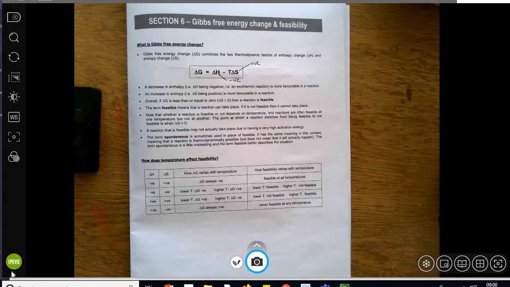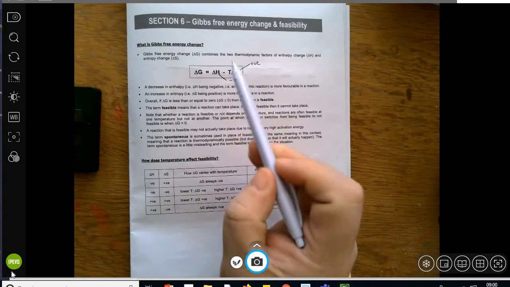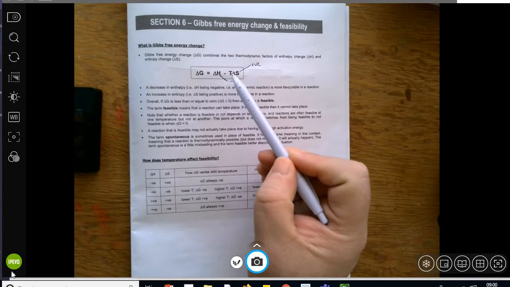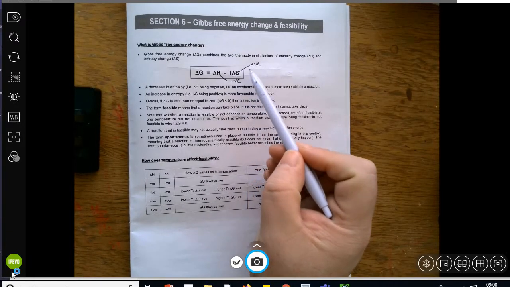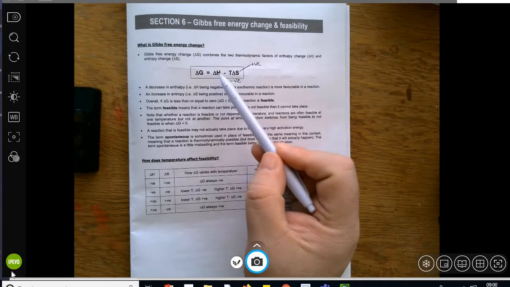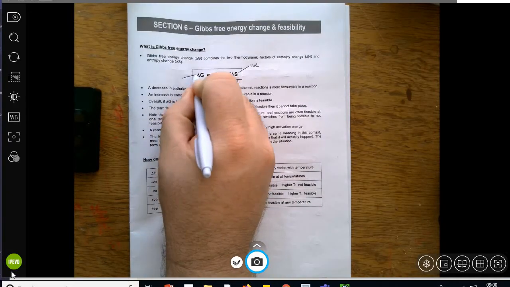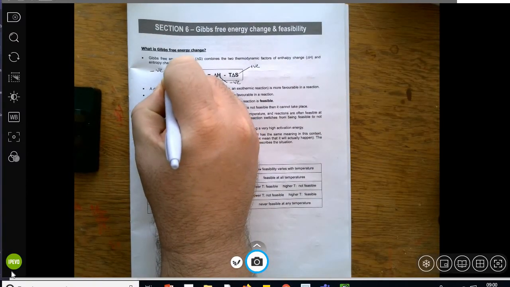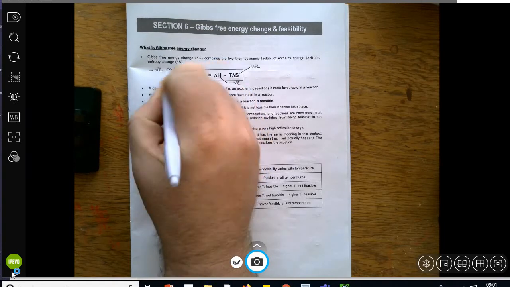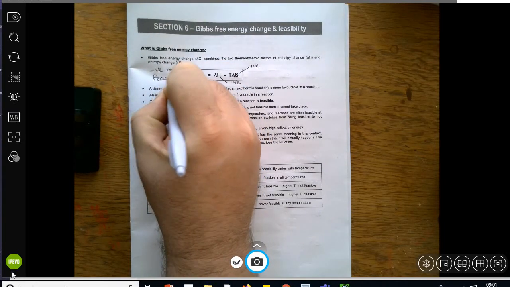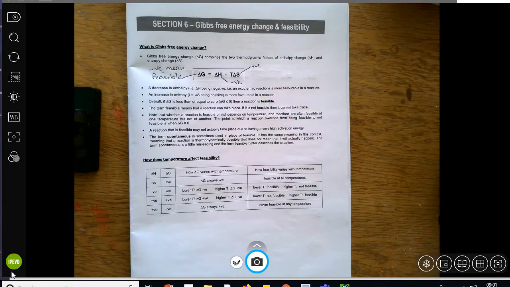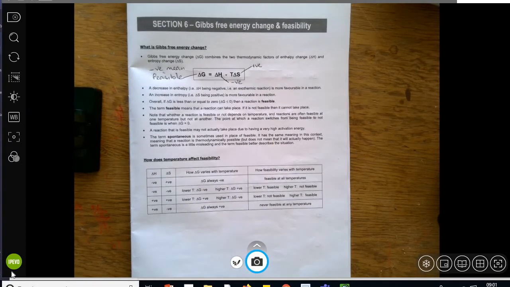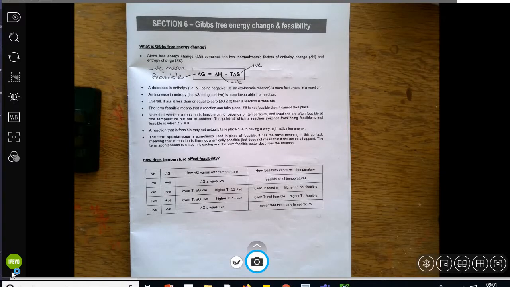If we have both of these added together, then you can see from this equation, delta H minus T delta S, T being the temperature, if this overall is negative, the overall reaction will be feasible. So essentially what we are looking for is for this equation to come up with a negative value and therefore show that the reaction itself is feasible.